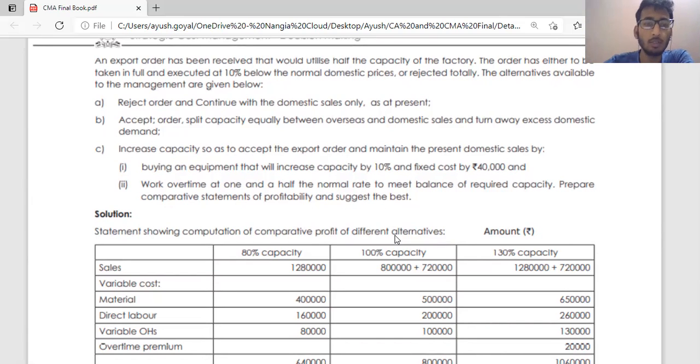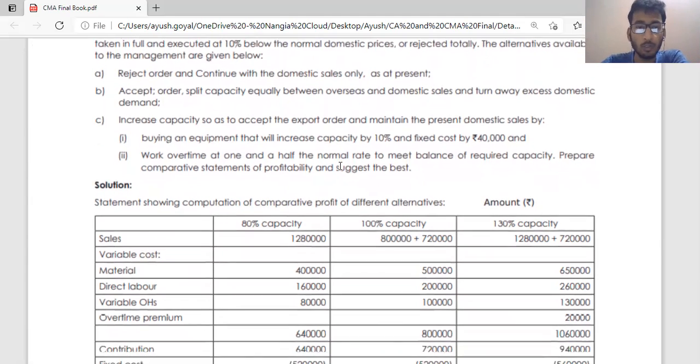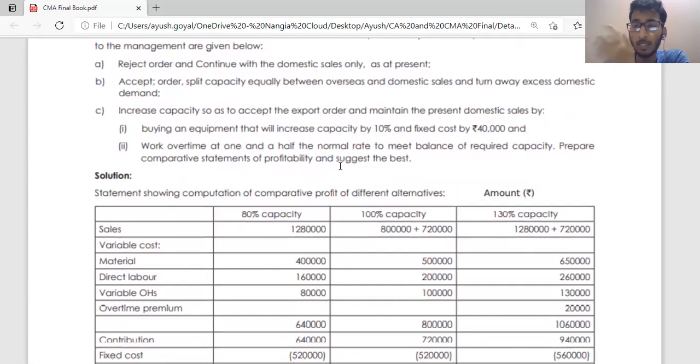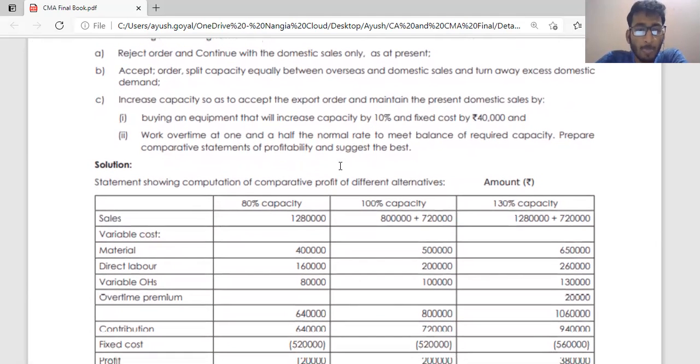And how can I increase the capacity? Buy additional equipment, which will increase the capacity by 10%, and the fixed cost would be 40,000. So the first option is this: if you want to increase the capacity, firstly you need to buy some equipment.